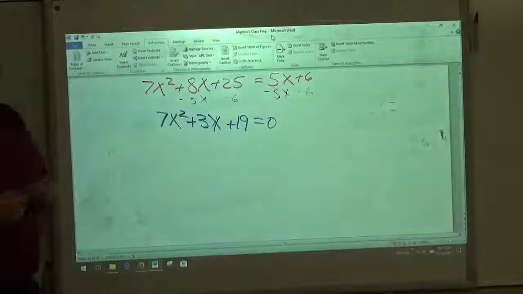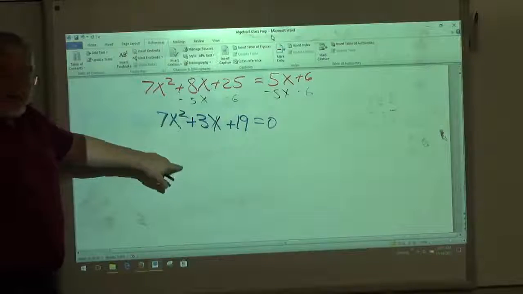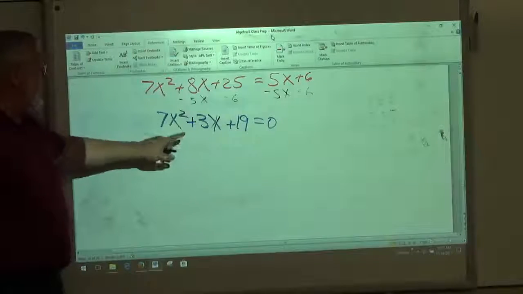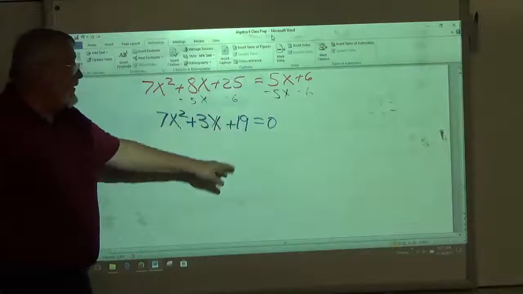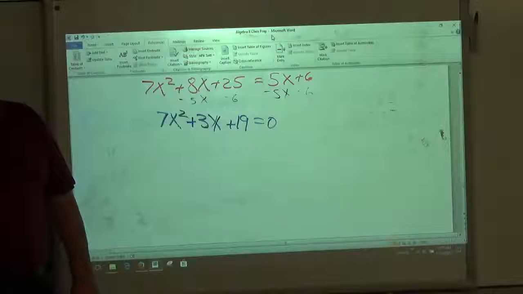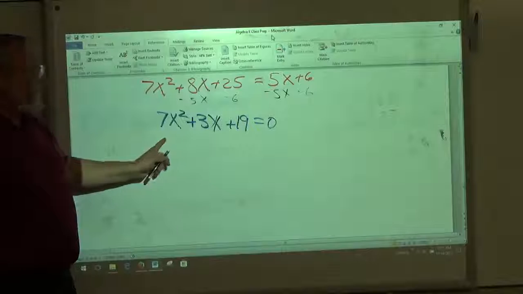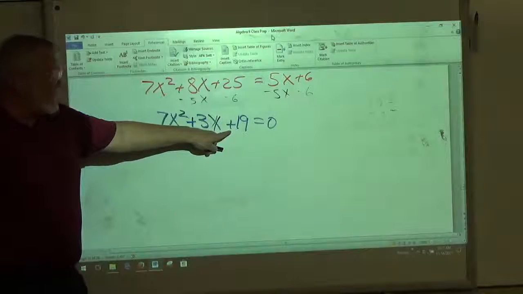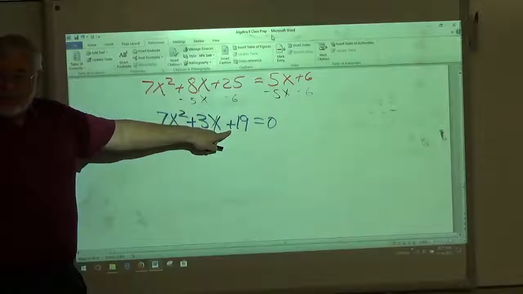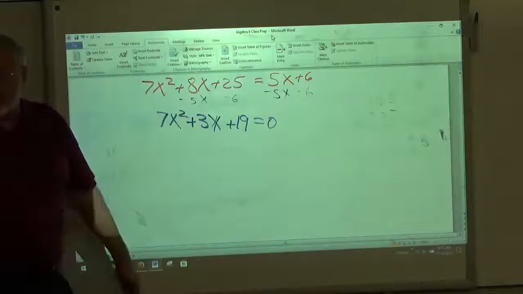Okay, so then you're going to put negative 3 plus or minus the square root of 9 minus 4 times 7 times 19. It's negative 523. It's going to be a negative number, so you're going to have an i. Now, one of the things that you look for is that we like to see a negative number here, because negative 4 times a negative c will mean you're adding the numbers underneath.